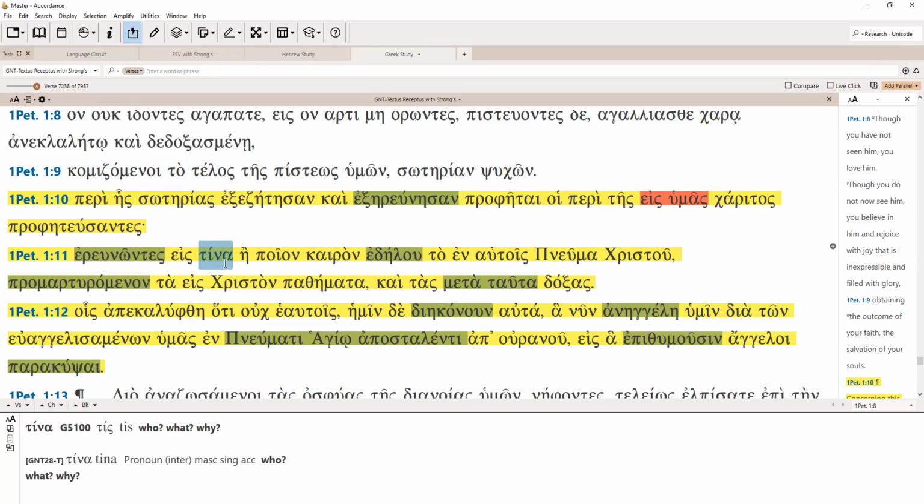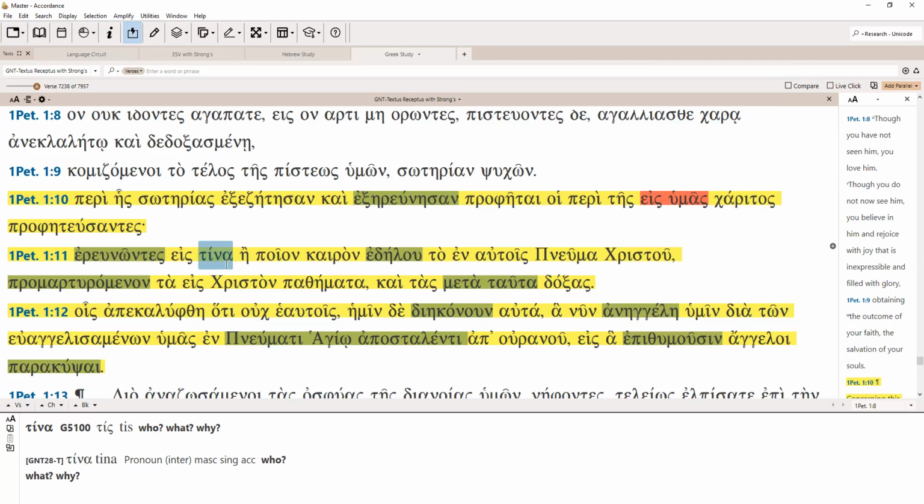Here we see that it has a nu alpha, and if you get a nu alpha, then it is definitely a masculine or feminine accusative, because if it was neuter, then we would only have ti. But here we have declined tina, which is different from the nominative tis for who.